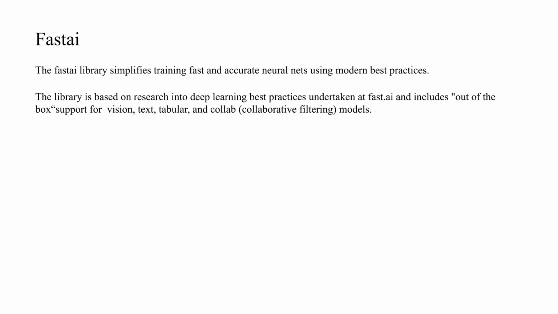Coming to Fast AI, Fast AI is a deep learning library provided by the Fast AI community, and it provides a single interface to all the most commonly used deep learning applications for vision, text, tabular data, time series, and collaborative filtering. It mainly supports transfer learning through pre-trained models.